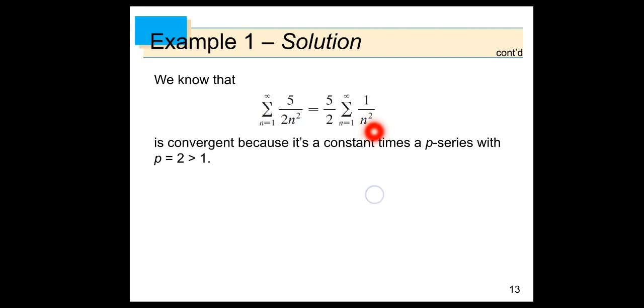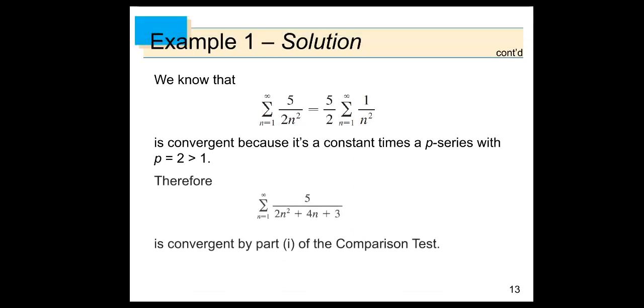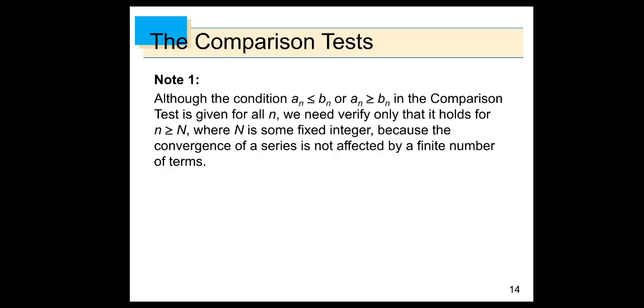And what did we study at the beginning of the p-series? It will be convergent when the p value is greater than 1, and divergent when the p value is less than or equal to 1. Understand? So it is clearly convergent over here, and therefore this is convergent by part 1 of the comparison test.